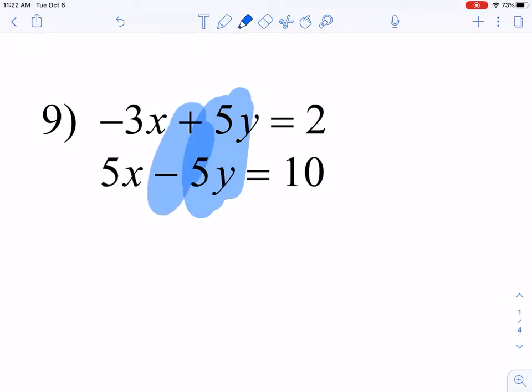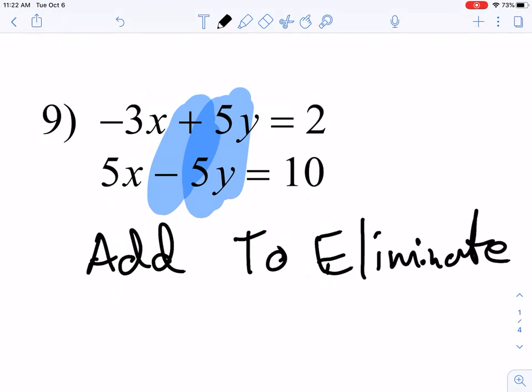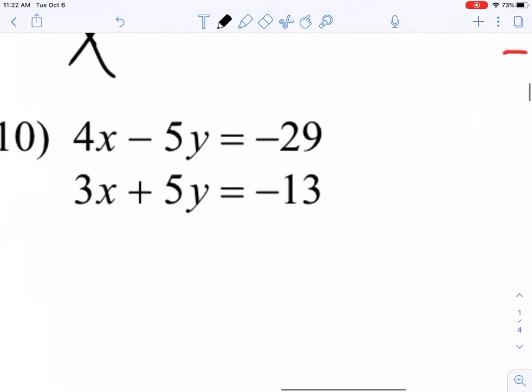And then I'm looking at, well, do they have the same sign or different signs? If they have different signs, then we can just add both equations together. And then we're saying, what will that eliminate? Oh, and I didn't even spell that close to right. Eliminate. Add to eliminate the y's. Those are the ones that would go away.